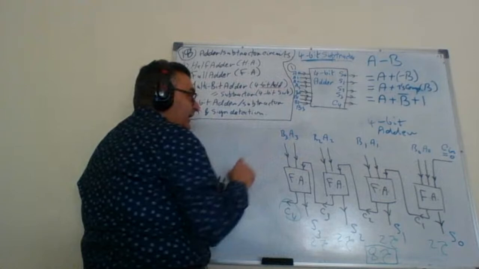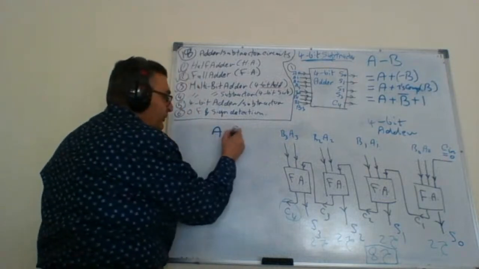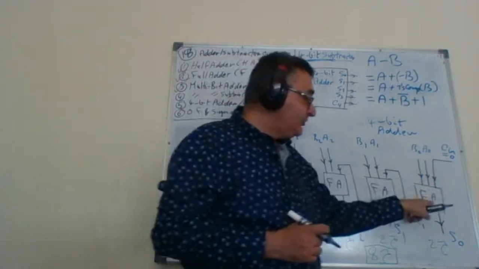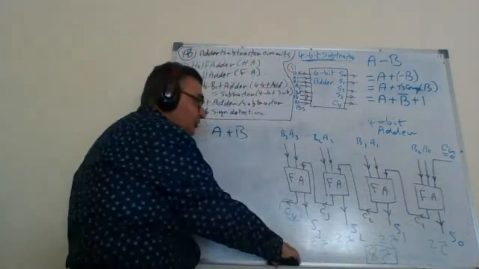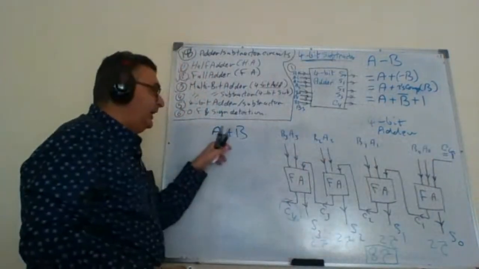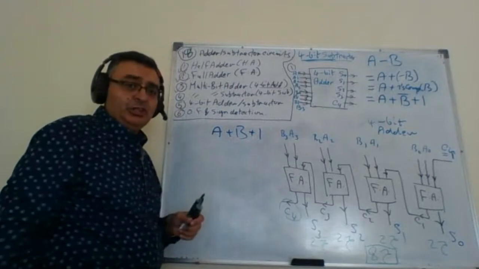That's why Dr. Ali here has removed the first half adder and put a full adder, because this full adder gives me the capability to add 1 to the circuit. So if I change Cin to 1, that means right now I'm adding A to B to 1. This is the first change.